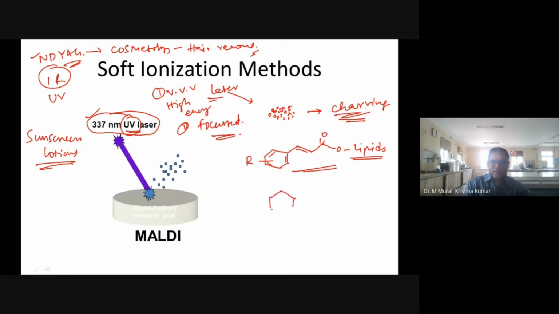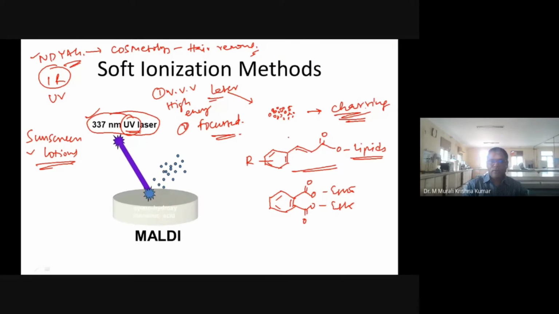The second one is phthalates, either phthalic acid ester or phthalamide, meaning NH will be there. These types of compounds are very popular as far as sunscreen lotions are concerned. Right now many natural products are also there, but we don't need them.